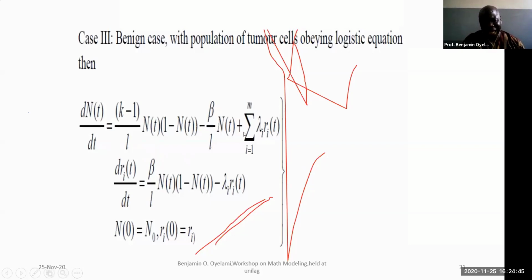Or we can as well use numerical methods. Like Professor Numaya and others, they have developed so many kinds of solver methods which you can deploy, writing some computer code, and then it will give you the result.